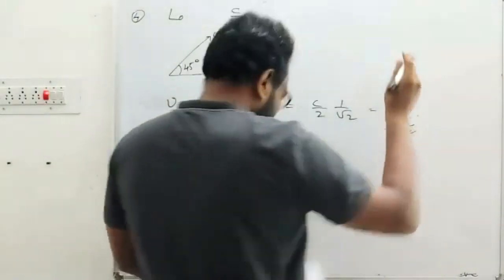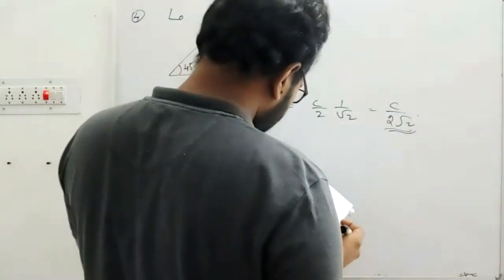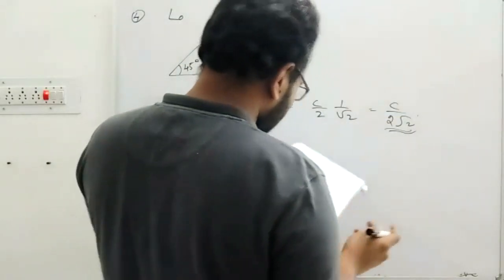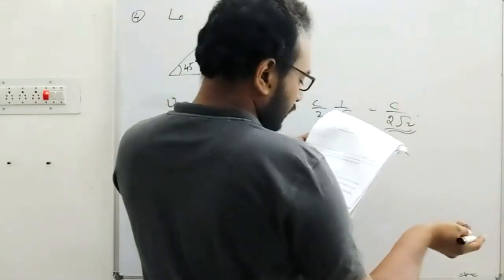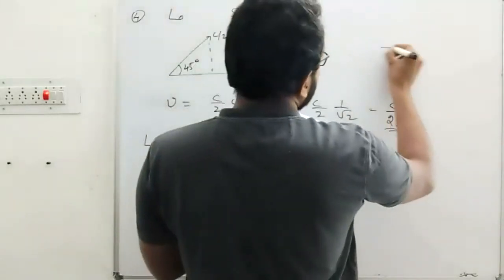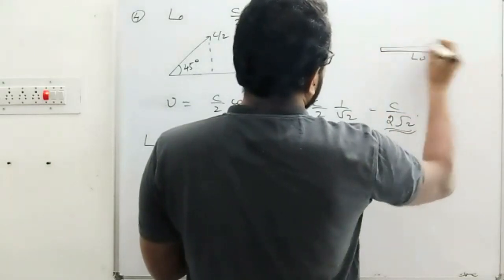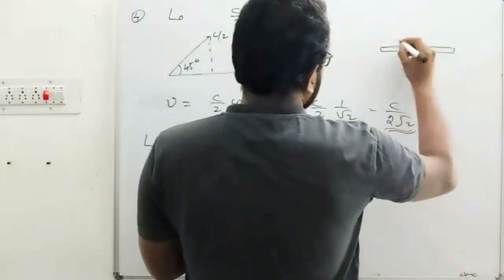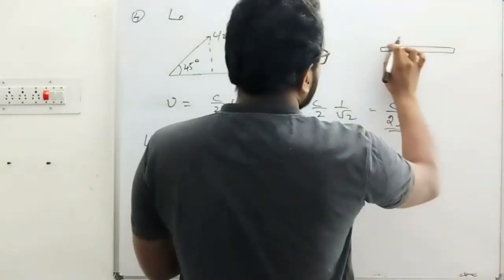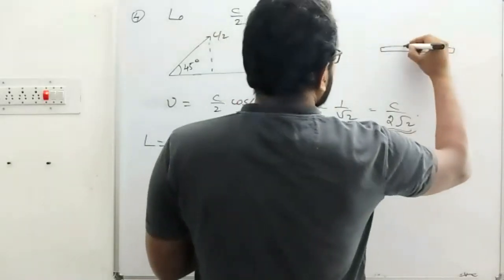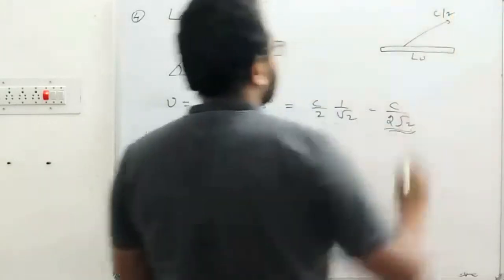So the question is like this. A rod of rest length L0 moves with speed c by 2 with respect to an observer. This is the rod of length L0 and it's moving with the velocity c by 2.